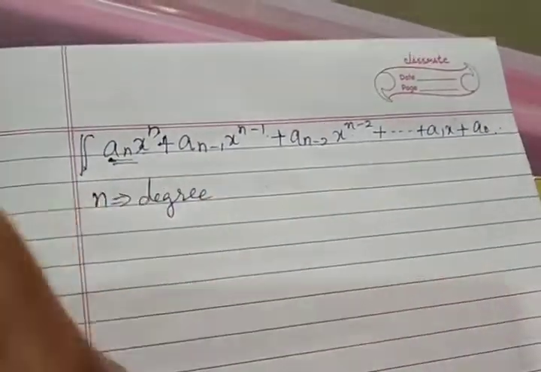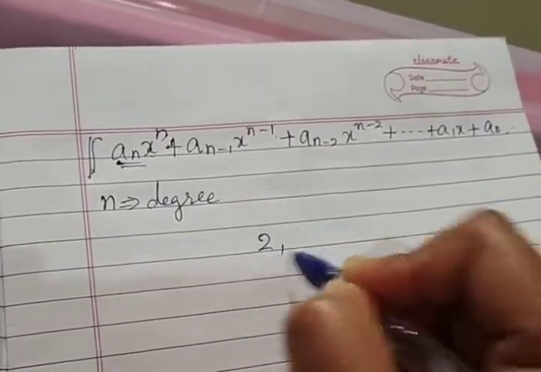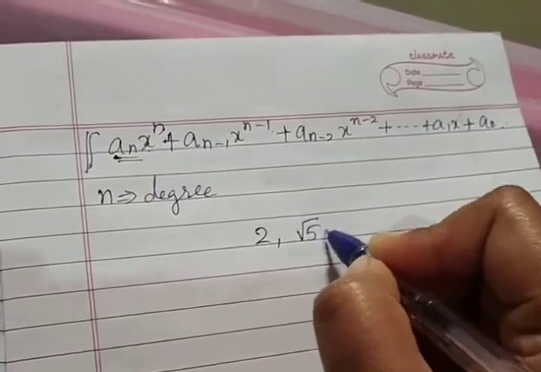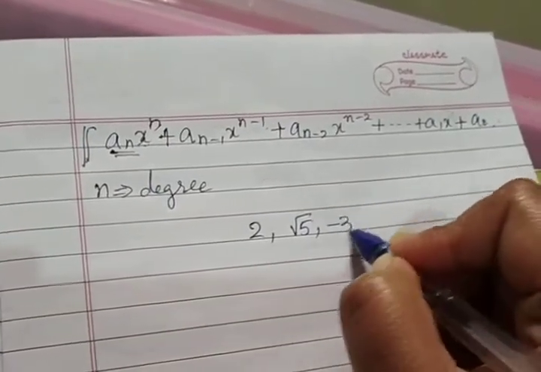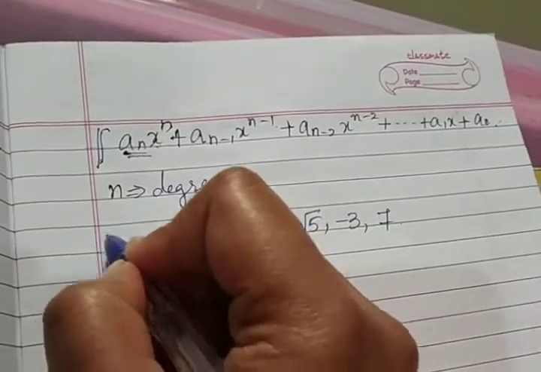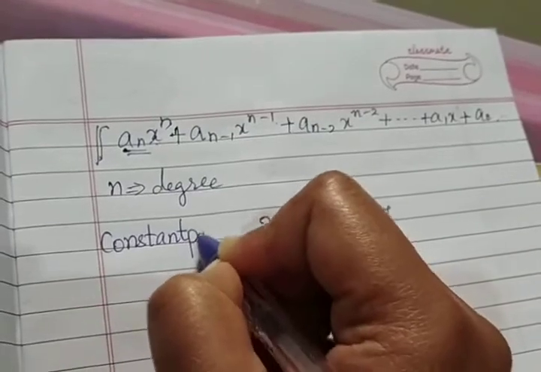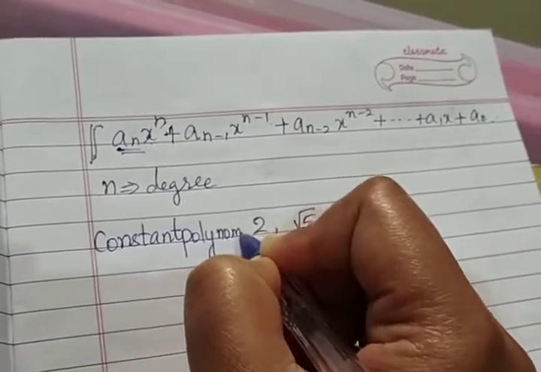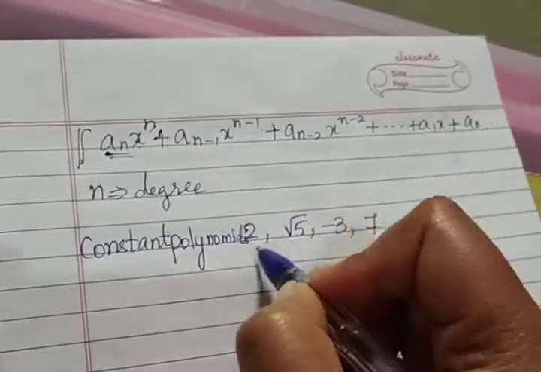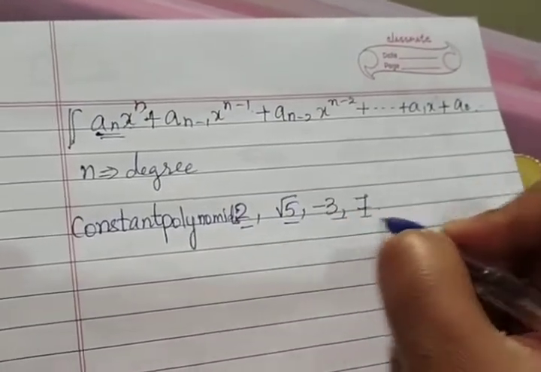Now you have learnt about linear, quadratic, cubic and biquadratic polynomials. There are some more polynomials which have only numbers like root 2, root 5, minus 3, 7. All such numbers are called constant polynomials, because they have only a constant in them. And what is the degree of these polynomials?